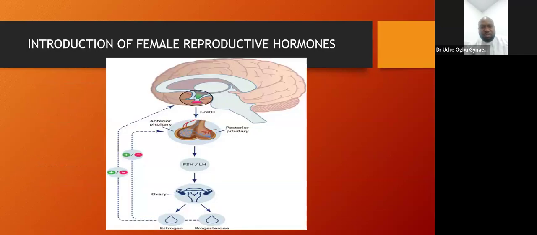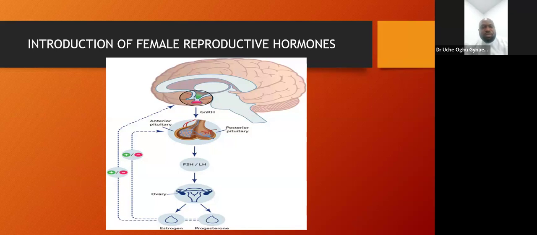Okay, so this diagram, I'm going to use it to explain the female reproductive hormone. From the top, you will see a diagrammatic representation of the human brain. Everything about a female hormone starts from the brain. There are two parts of the brain that are central to the female reproductive system: the hypothalamus and the anterior pituitary gland.